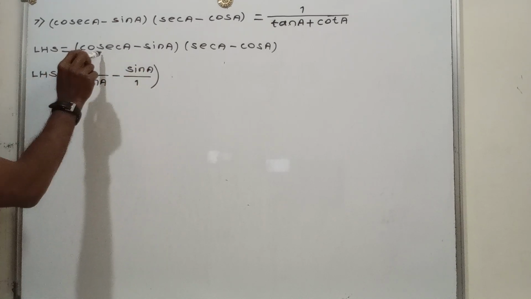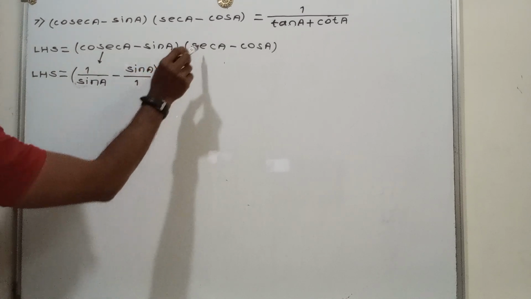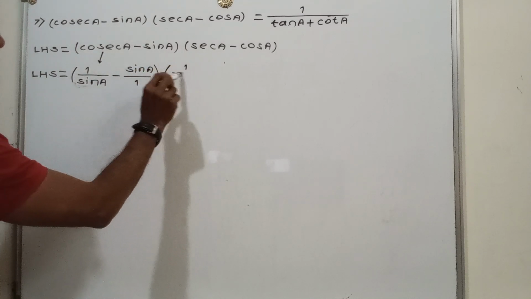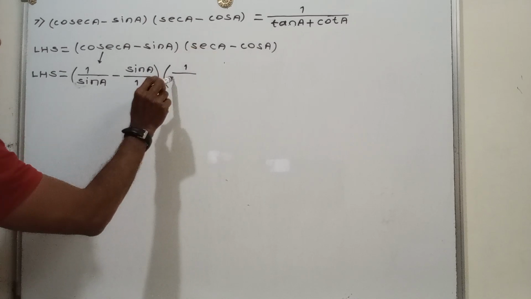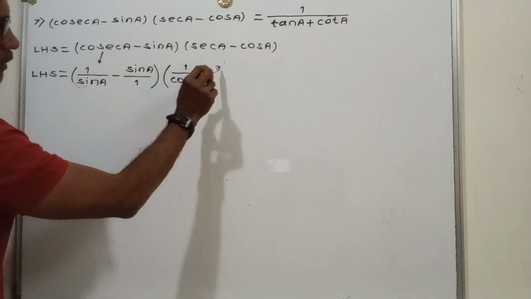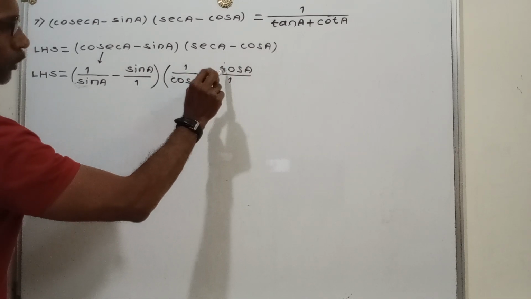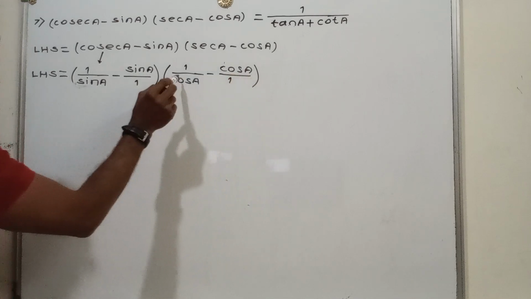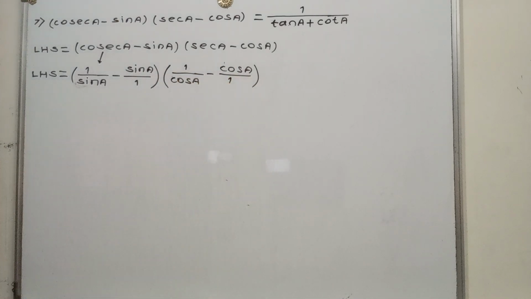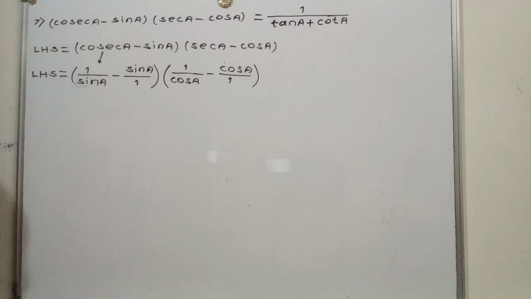Cosec A means 1 upon sin A. In the same way here, sec A means 1 upon cos A minus this cos A upon 1. Because this is a fraction, we convert this also into fraction form.